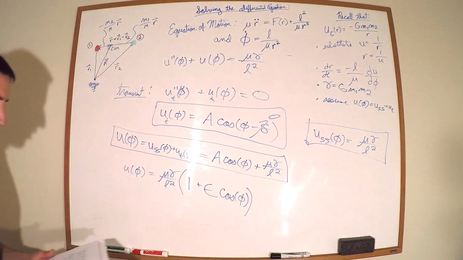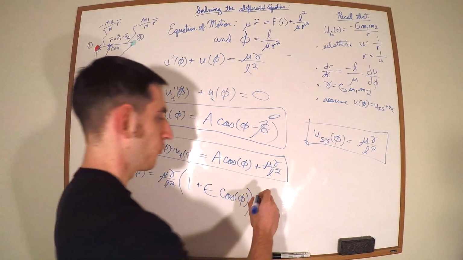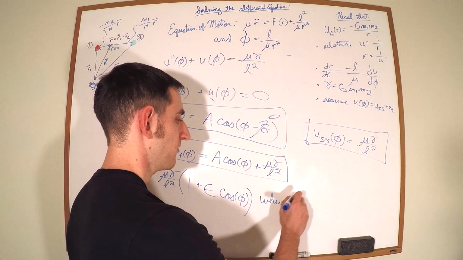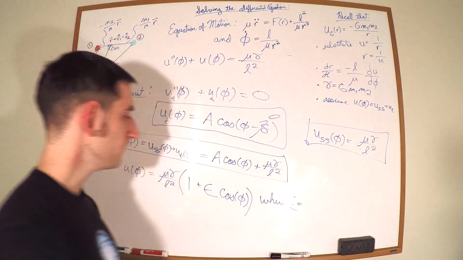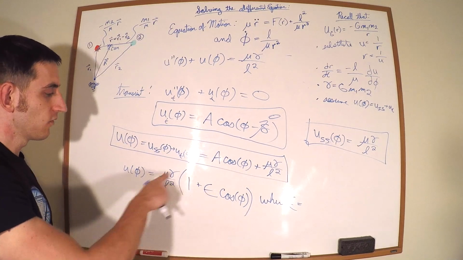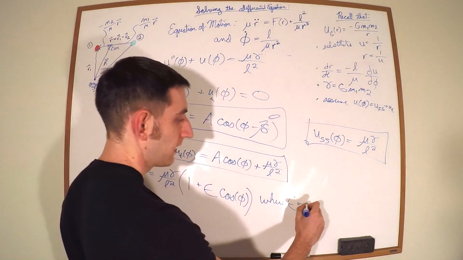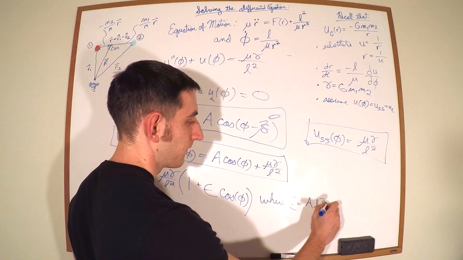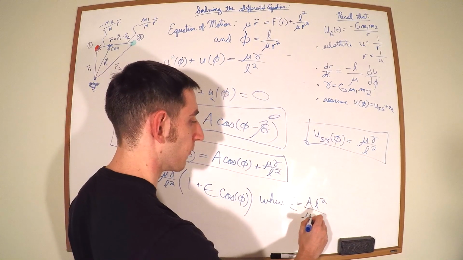So, what in the world did I just do? Well, this epsilon, what does that have to be? It must be A over this guy. So, it's A L squared over mu gamma.